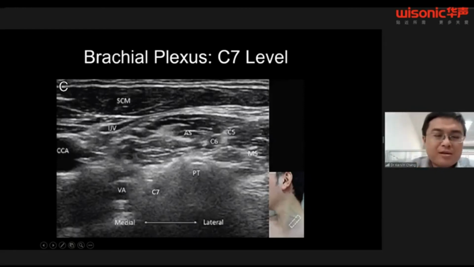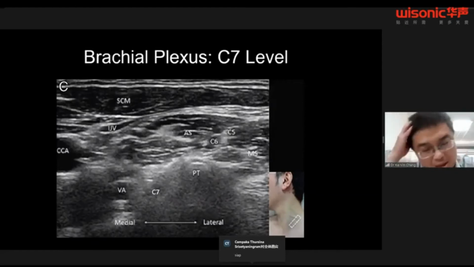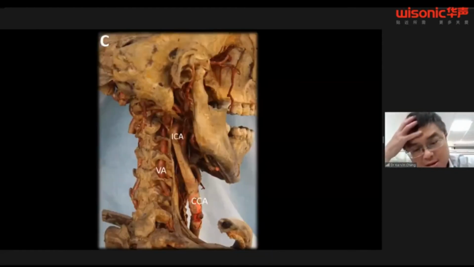If you insert from anterior to posterior, you have a high chance of injuring the vertebral artery. That's why we insert our needle from posterior to anterior to target the area posterior to the nerve root and anterior to the posterior tubercle of the transverse process.